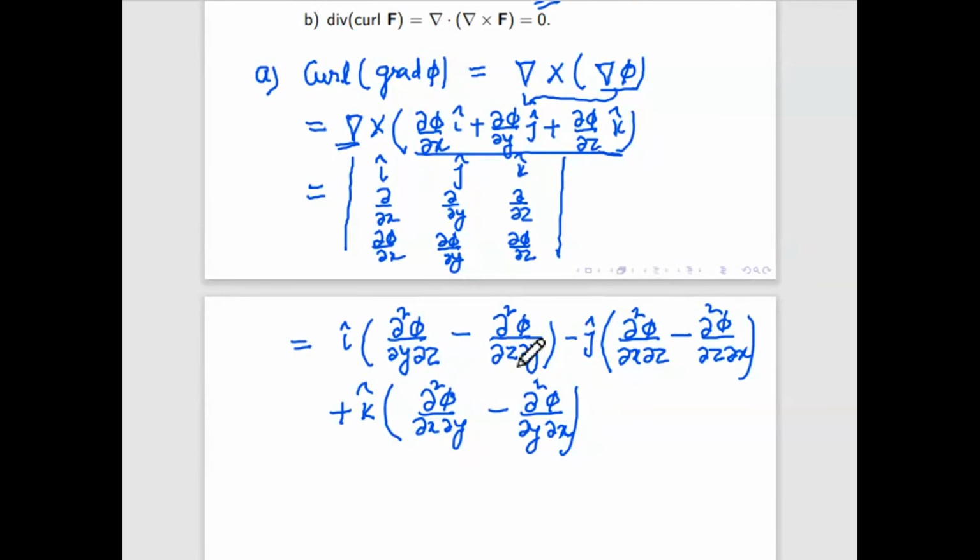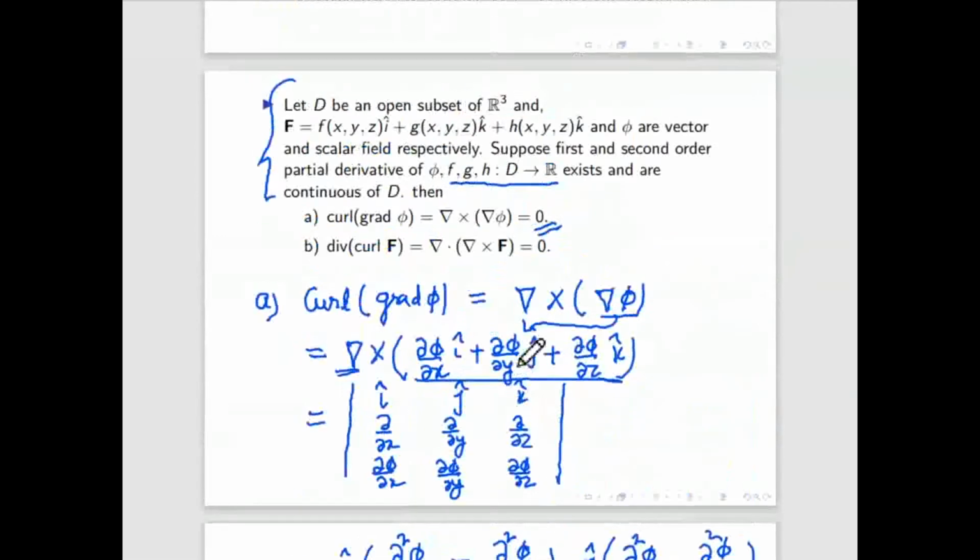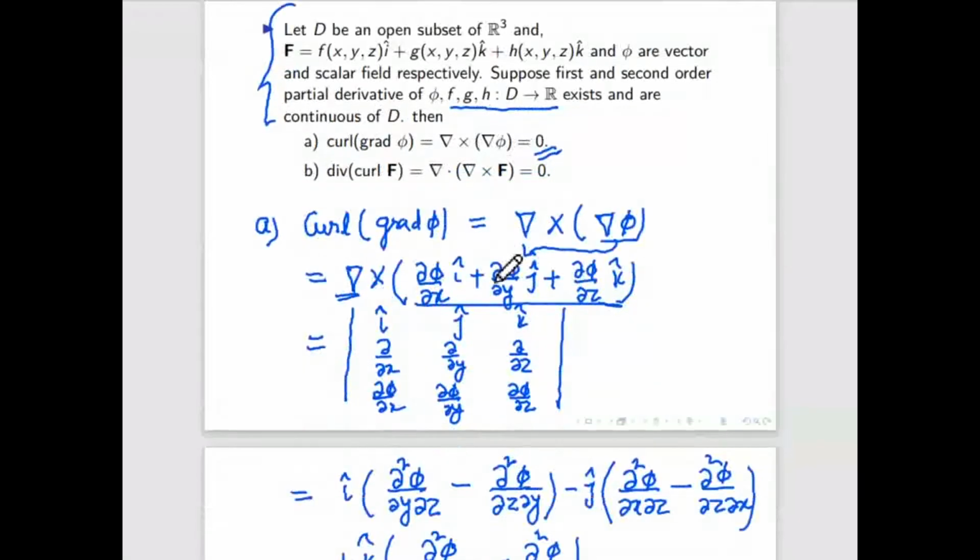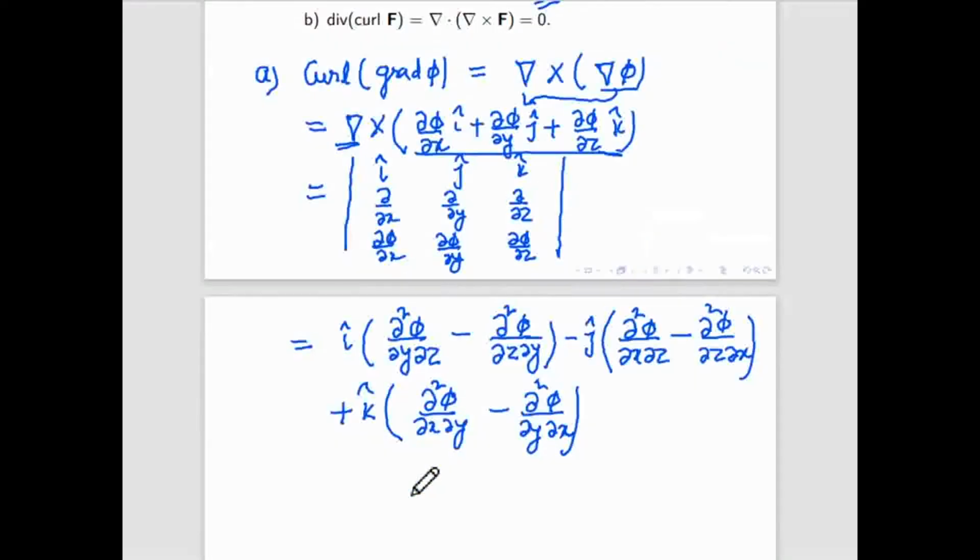Under what condition? If the partial derivatives exist and are continuous, so that's why this condition is required. Here it is written phi exists and is continuous, so both are equal. So we can write it is 0.